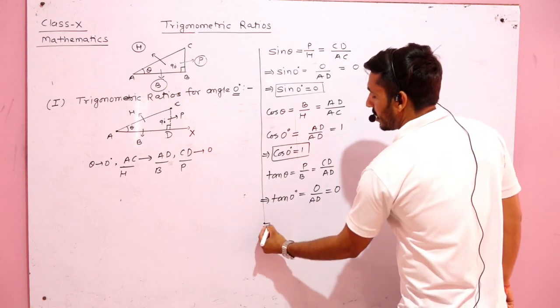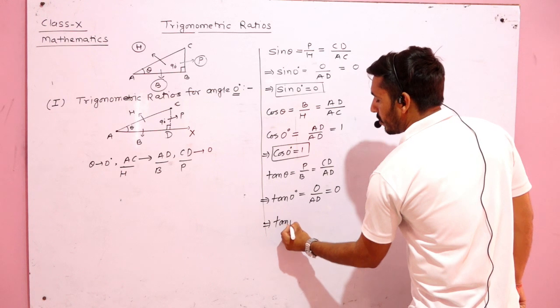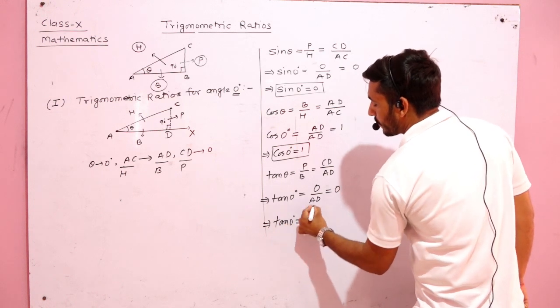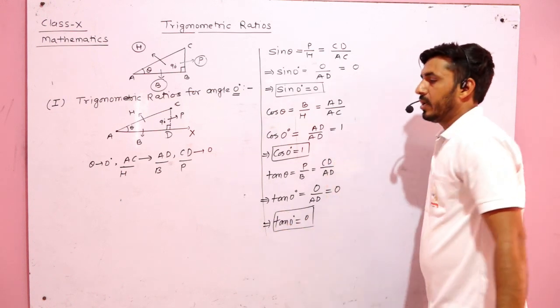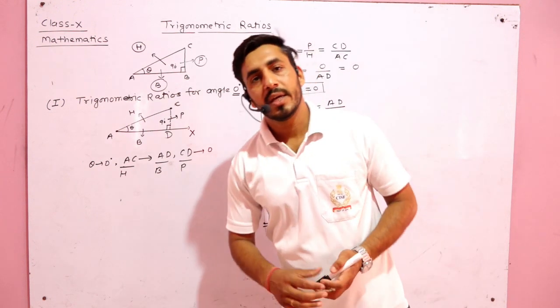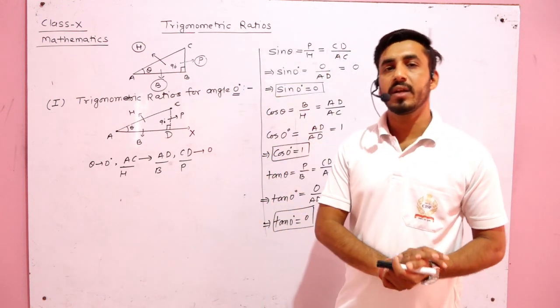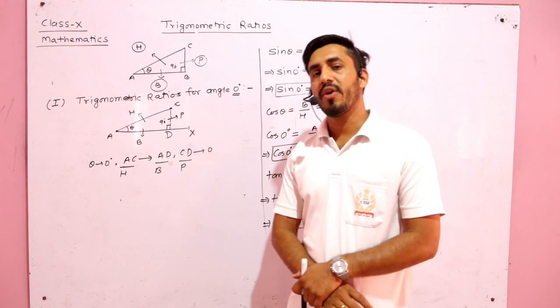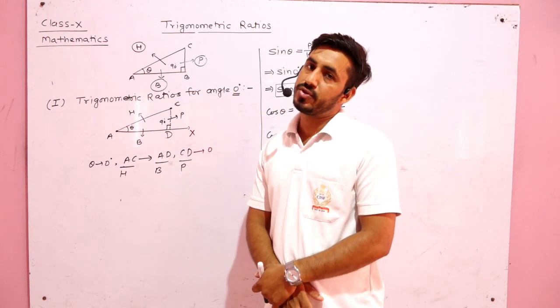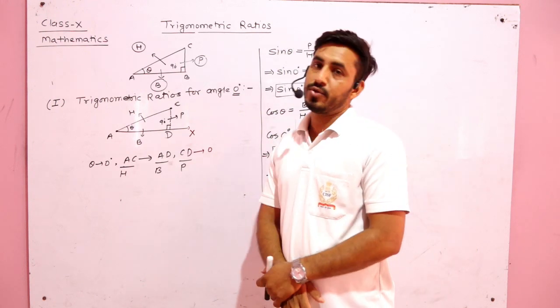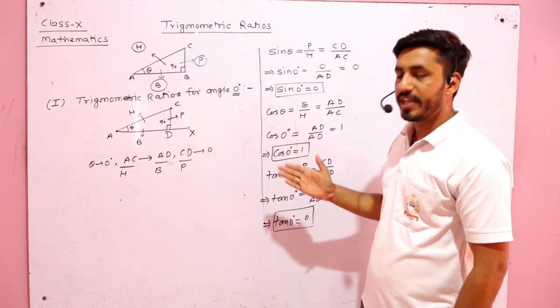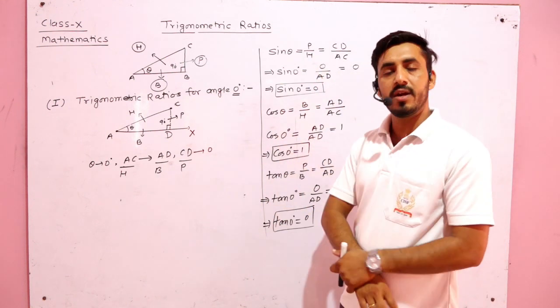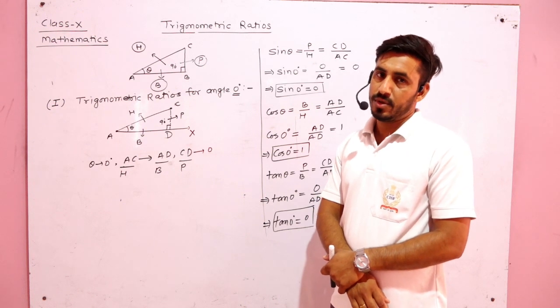Then I can see here tan 0 degree is equal to 0. Okay, I have got all three trigonometric ratios. The remaining trigonometric ratios can be obtained in terms of these three.